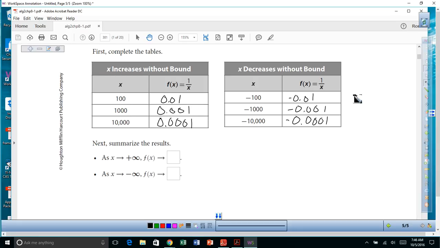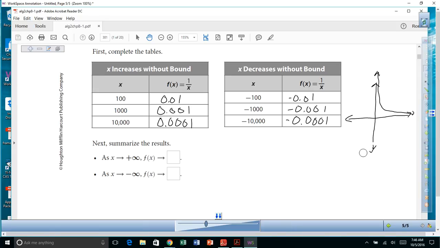Remember you saw that it went down here like this, and as it went out, it got closer and closer to the x-axis. At 100, it's 0.01. At 1,000, it's 0.001. And at 10,000, it's almost touching. Over here, it went like this.